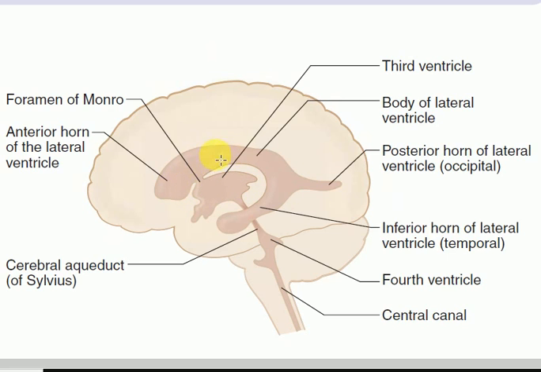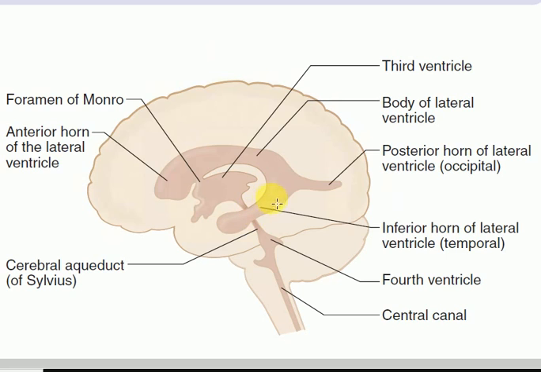The anterior horn of the lateral ventricle is in the frontal lobe. The body of the lateral ventricle is present in the parietal lobe. Its posterior horn is projecting into the occipital lobe, and the inferior horn of the lateral ventricle is extending into the temporal lobe.